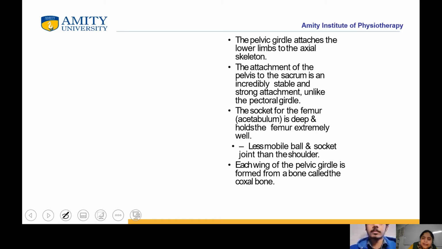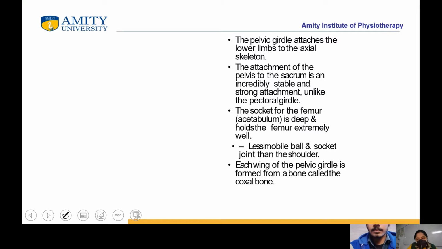Then, what is the significance of the pelvic girdle? The pelvic girdle attaches the lower limb to the axial skeleton. The attachment of the pelvis to the sacrum is very stable, with strong attachment, not like the pectoral girdle, because the lower limb has to take the weight of the limbs and of the body.